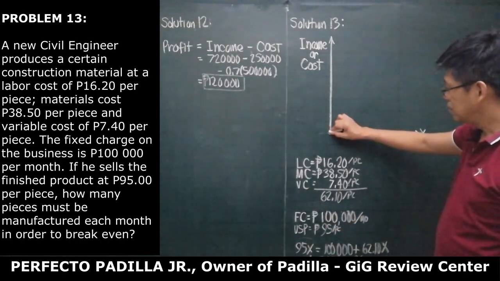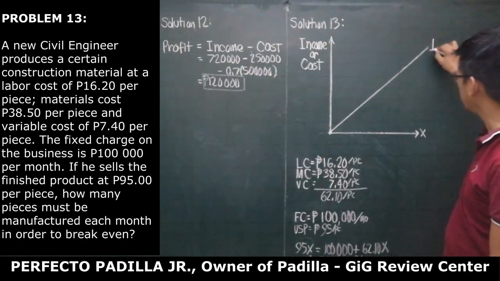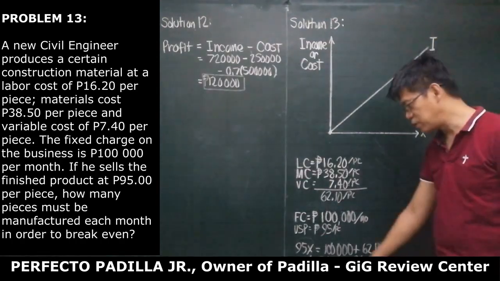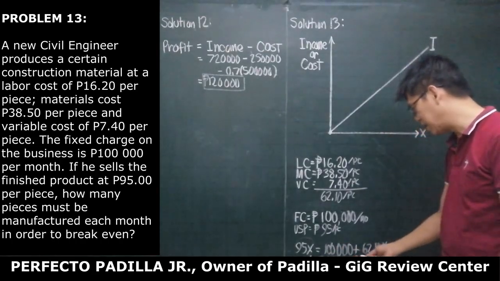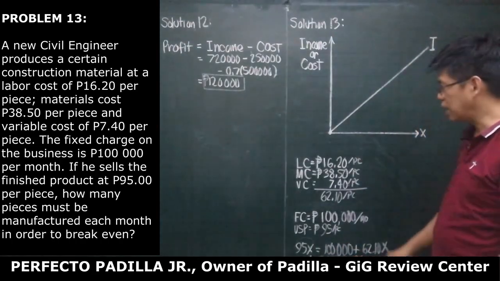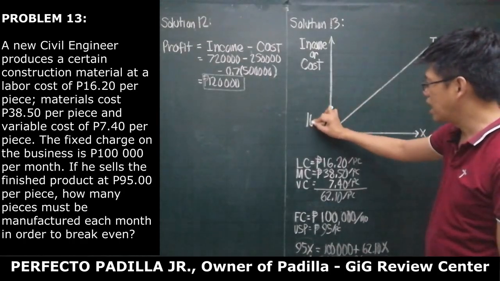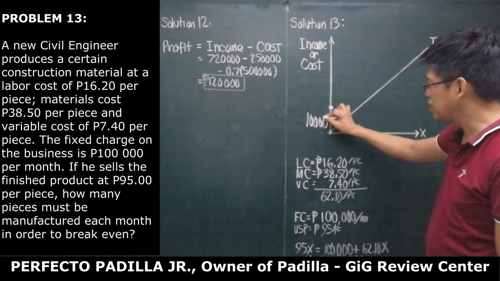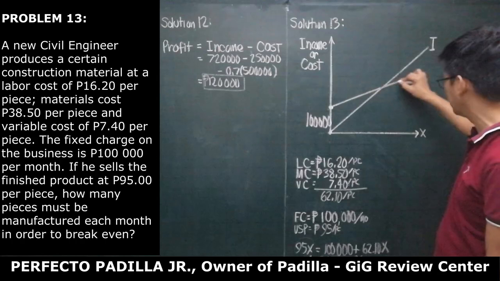Ito yung income curve. Tapos, yung cost, ito, 100,000 plus 62.10 X. So, at X is 0, meron ka ng 100,000 agad. Ito yung cost curve.